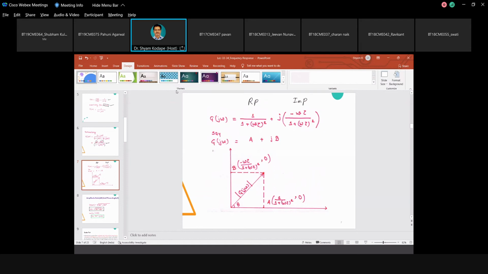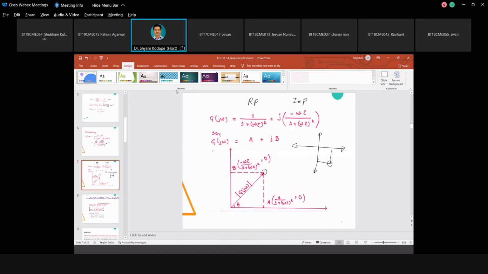These are nothing but the coordinates of some point when we place it on the complex plane. Actually it should be in the fourth quadrant, because the real part is positive and the imaginary part is negative.